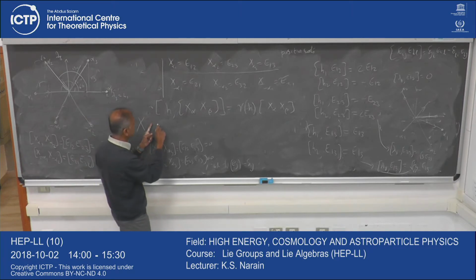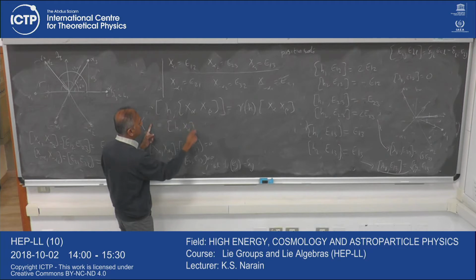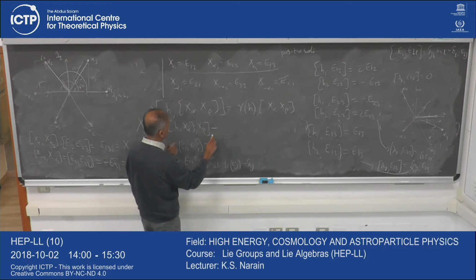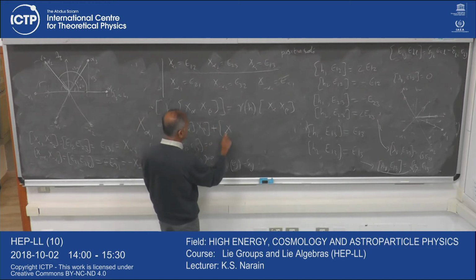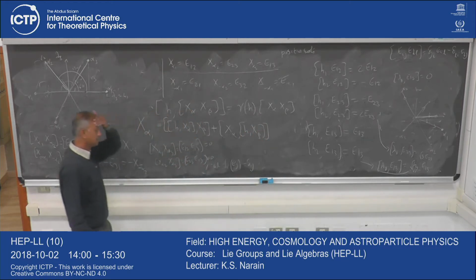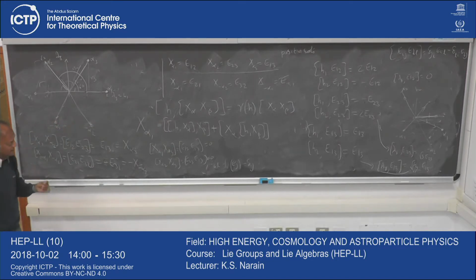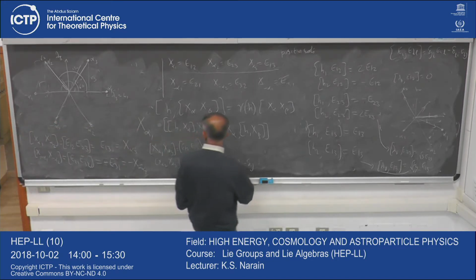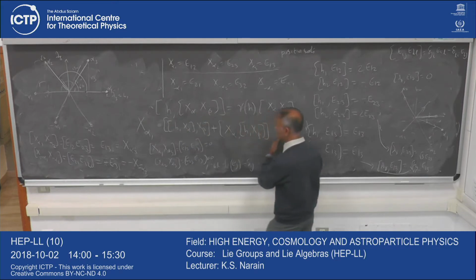So the Jacobi identity says that this is the same as h x alpha x beta, plus, we can check that, x alpha h x beta. Let's check that. I can bring it on the other side, right?